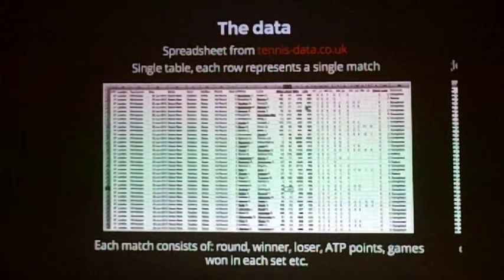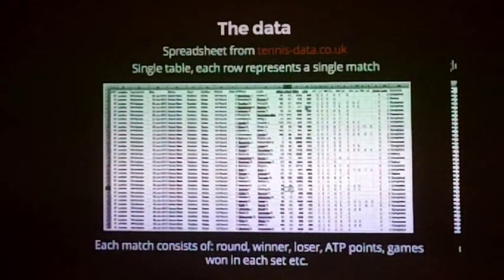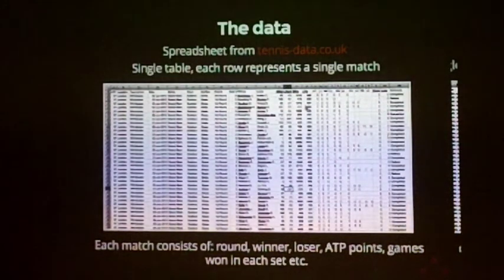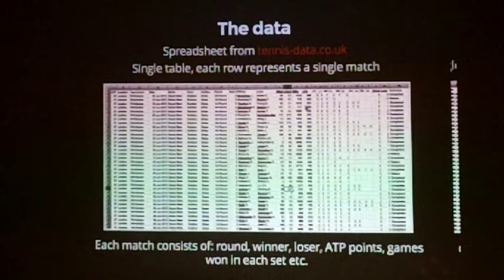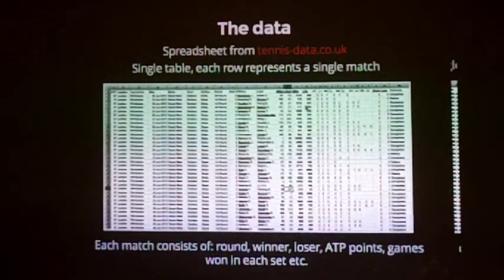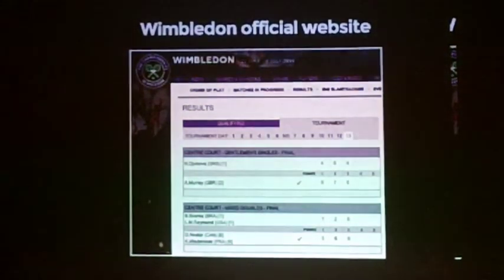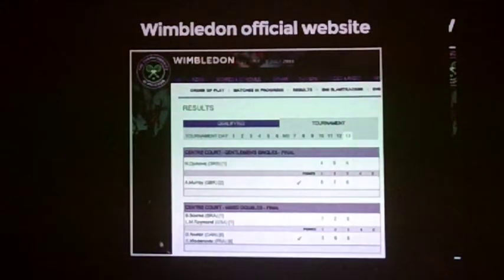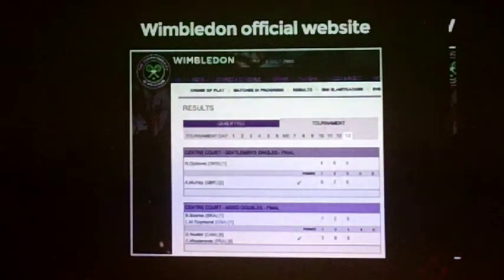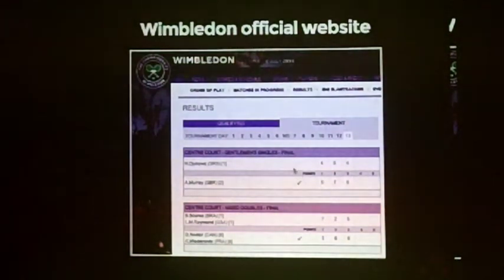But they have all that data. But if you actually look to see what visualizations they've got of the tournament at a high level, I don't think there's much out there at all. And I did search around. If you go on their actual website, it's tables, and you are having to click through.